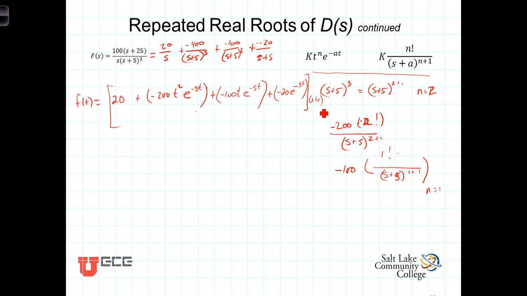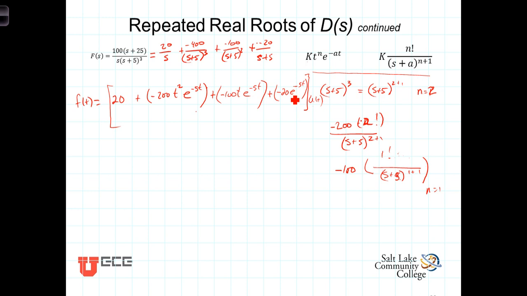Let's just look at this a little bit more closely. What we see is that because we had an s plus 5 to the third power, second power and first power, we ended up with multipliers of t squared, t to the first power, and t to the 0th power. This is reminiscent of the variation of parameters method that you saw, for those of you who have had the differential equations class, which we came up with to find particular solutions for situations where we had only a single root.